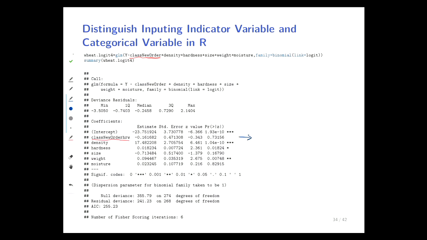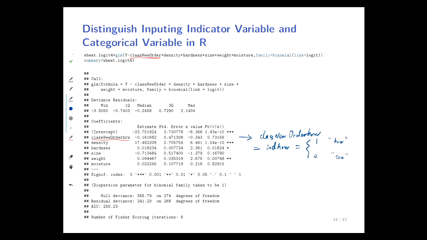It's actually an indicator variable, class new order HRW, which equals the previous INDHRW we defined earlier: 1 if class is HRW, and 0 otherwise, SRW.